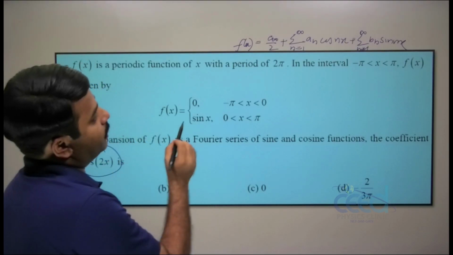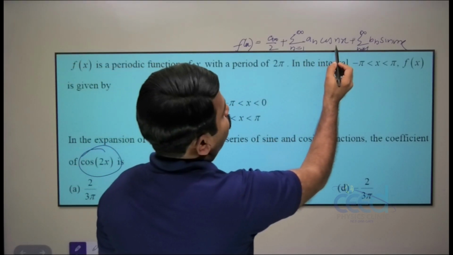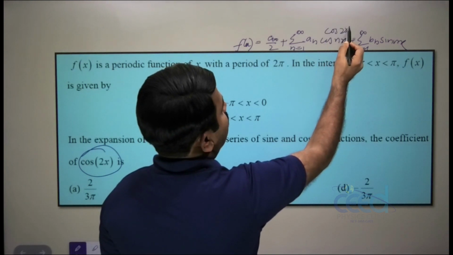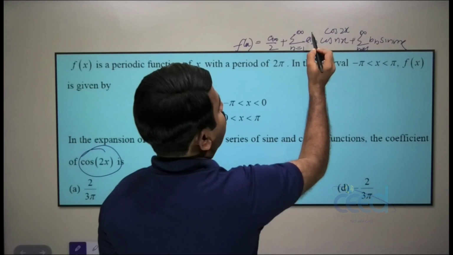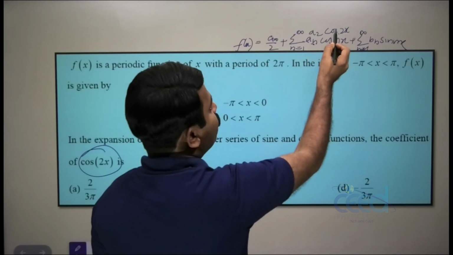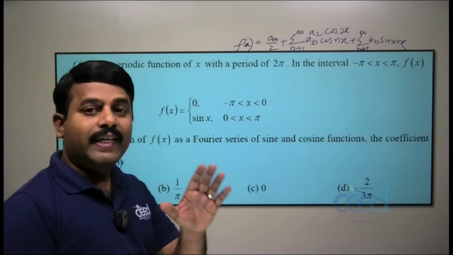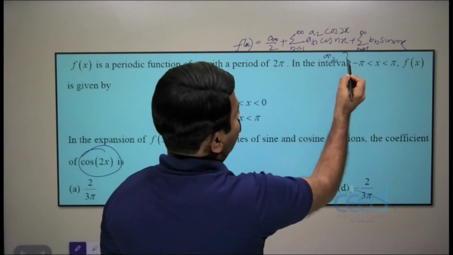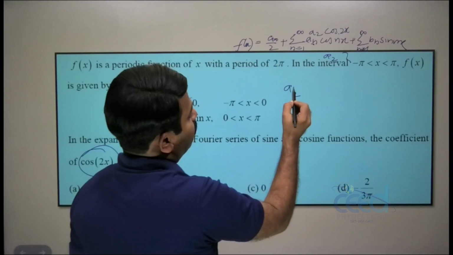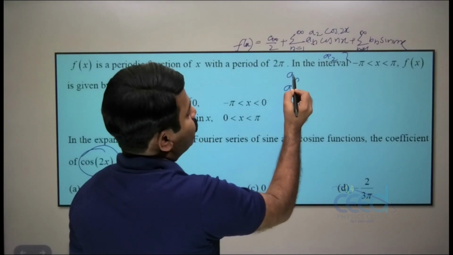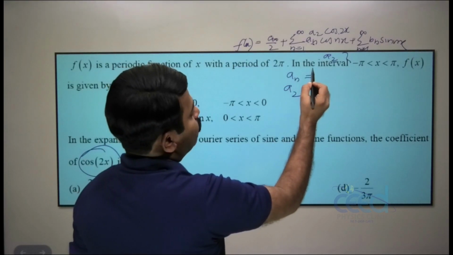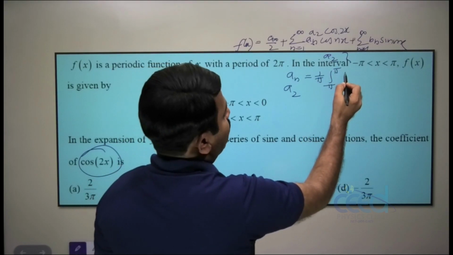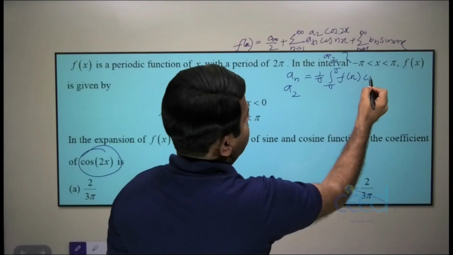Coefficient of cos 2x means, look here, put n is equal to 2, then you get cos 2x here, then an becomes a2. So the coefficient of cos 2x is a2, and we want to find a2. an is equal to 1 by pi integral minus pi to pi f of x cos nx dx.